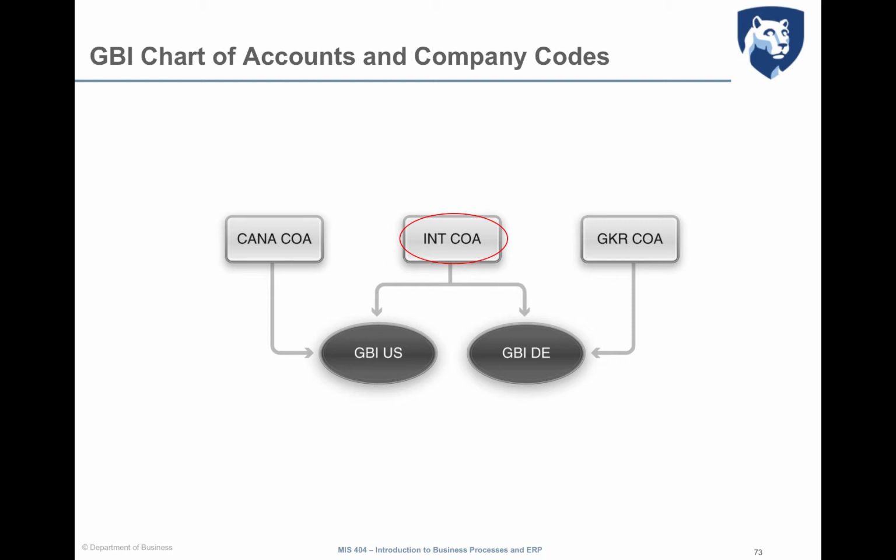But then there is also what we call country-specific charts of accounts, the one for Canada, the one for North America, and the one for Germany, that are needed by GBI US and GBI Germany in order to meet specific accounting requirements that are driven by the regional legislation about accounting in the US and Germany.